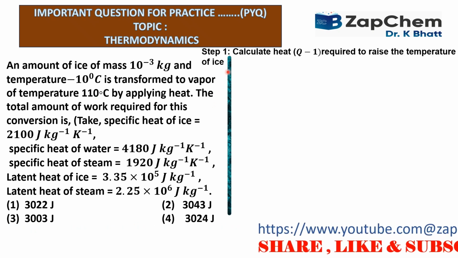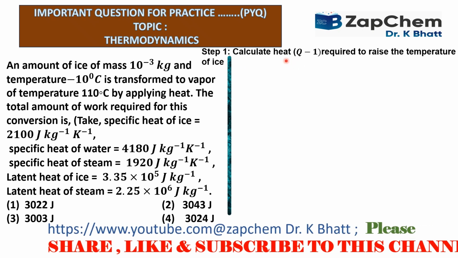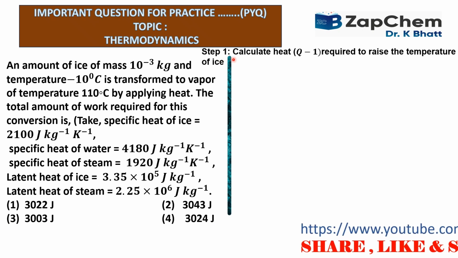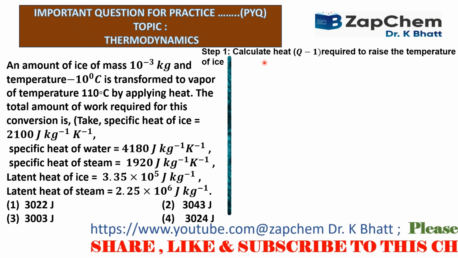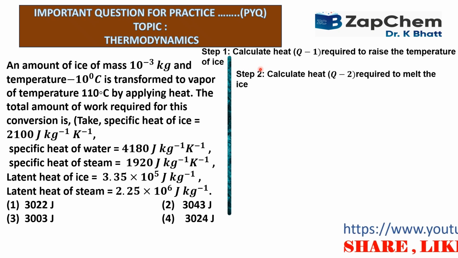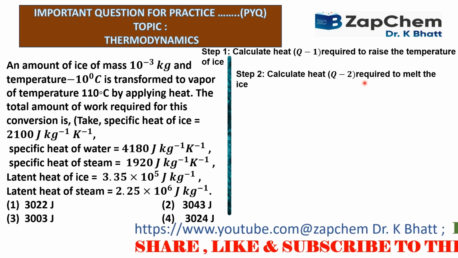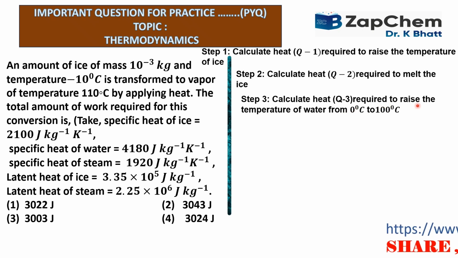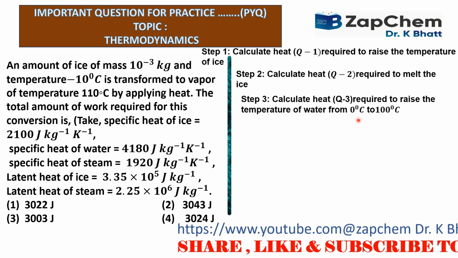And we shall calculate the change in heat energy in terms of Q1 and a number of steps. So the first step is to calculate heat Q1 required to raise the temperature of ice. Second, calculate Q2 required to melt the ice when it is changed to a liquid. Third, calculate Q3 required to raise the temperature of water from 0 to 100 degrees Celsius.